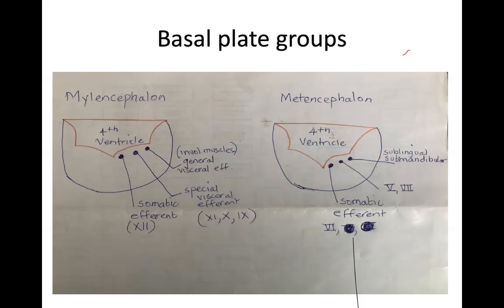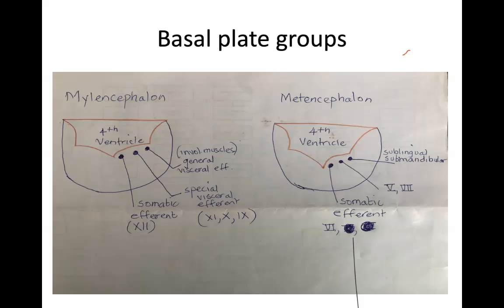So on the left, I have drawn the developing myelencephalon or the medulla oblongata. This myelencephalon will have in the somatic efferent group the neurons of the 12th or the hypoglossal nerve, which is motor to the tongue.